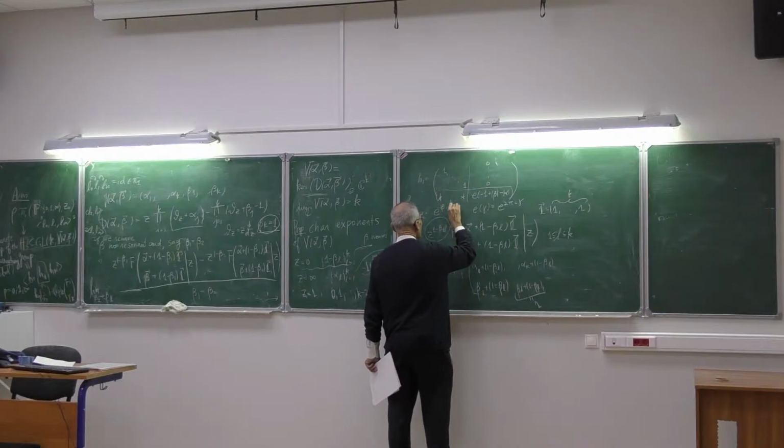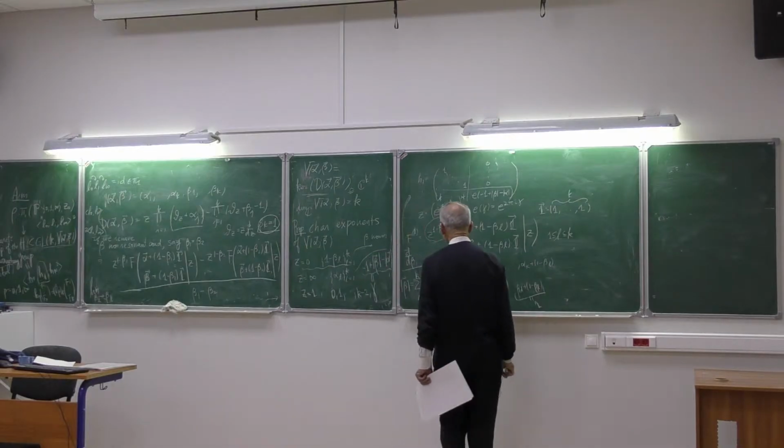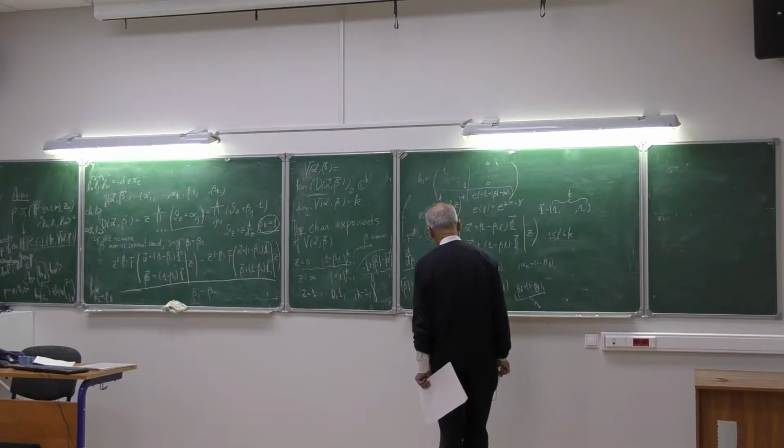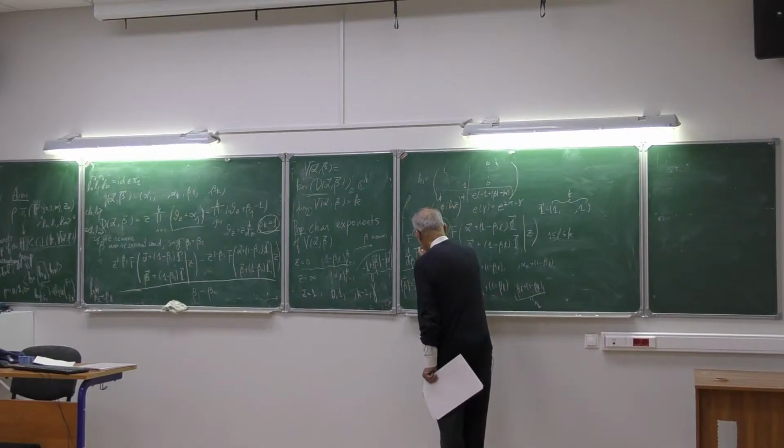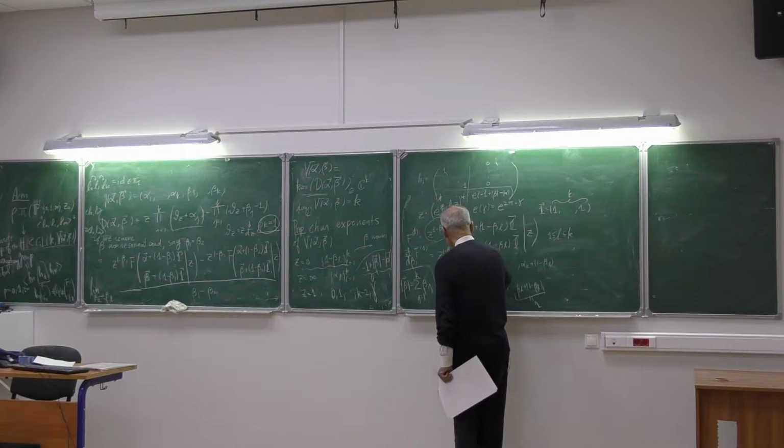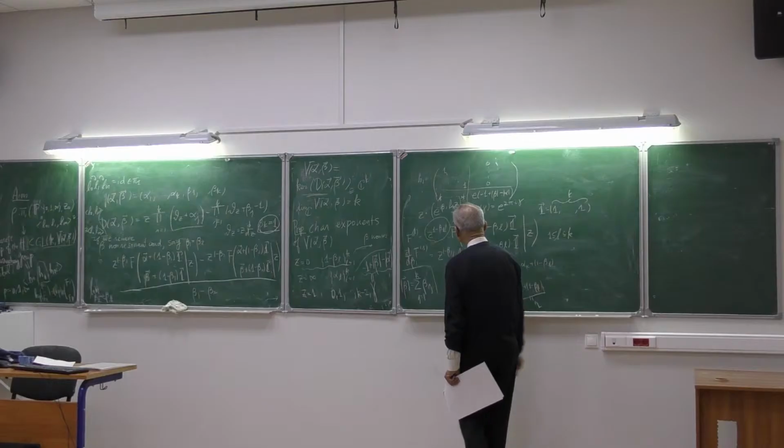Y times log z. Very easy. Then A with one will z one times minus log z. One times, yes. Times is this thing.